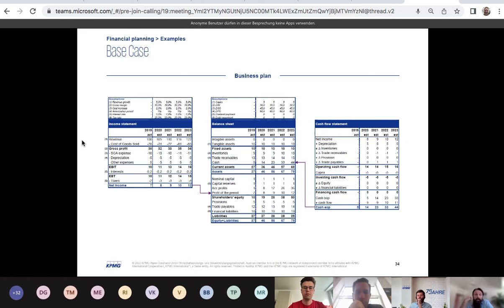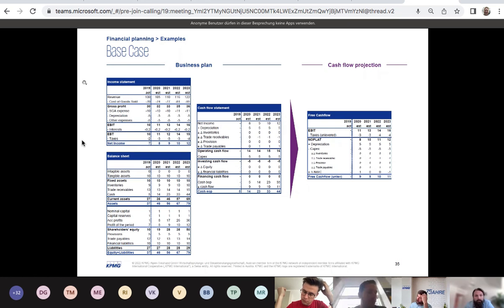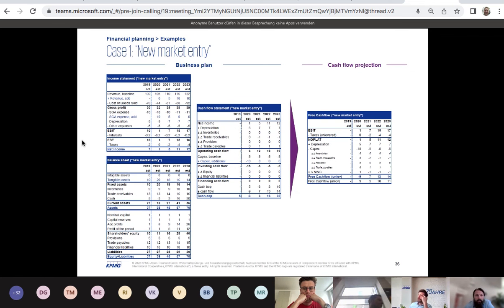Right. So let's go to the first scenario, and this is just to see what we mean by going through the line items. So what we did here was we simulated a new market. Maybe we can go back to the slide before.